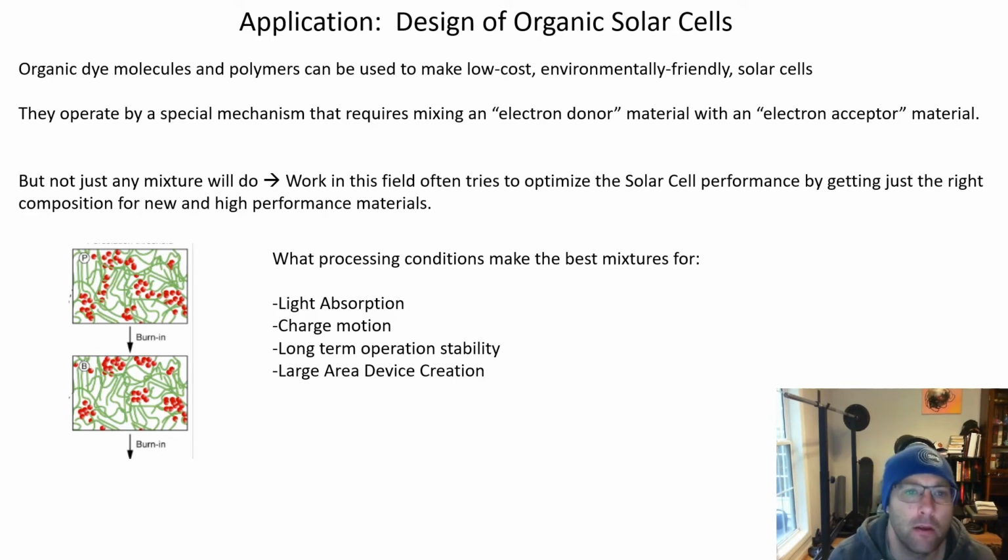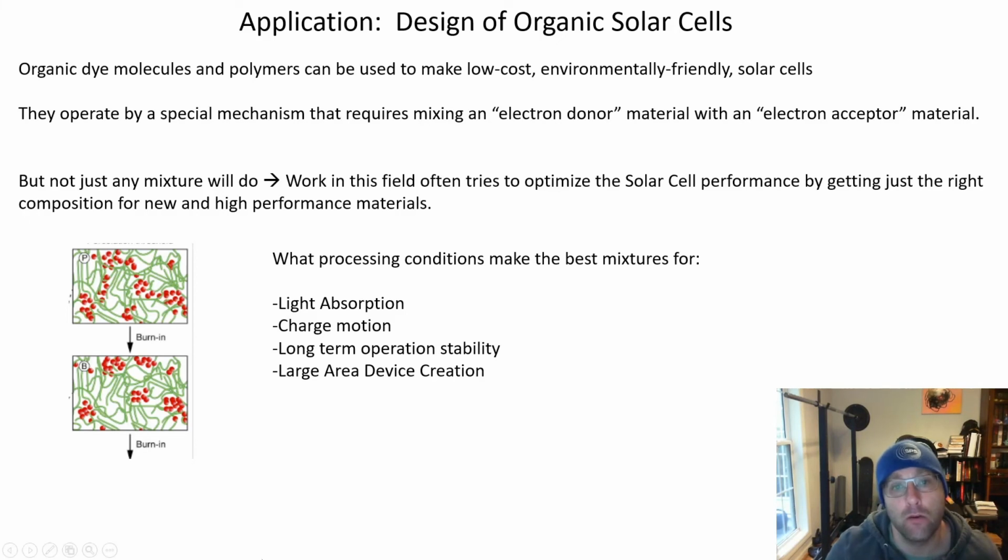The point is, if you're trying to make a solar cell that will actually make a dent in the renewable energy industry, you can't just make any old mixture of electron donor and acceptor. You need to make one that works really well.